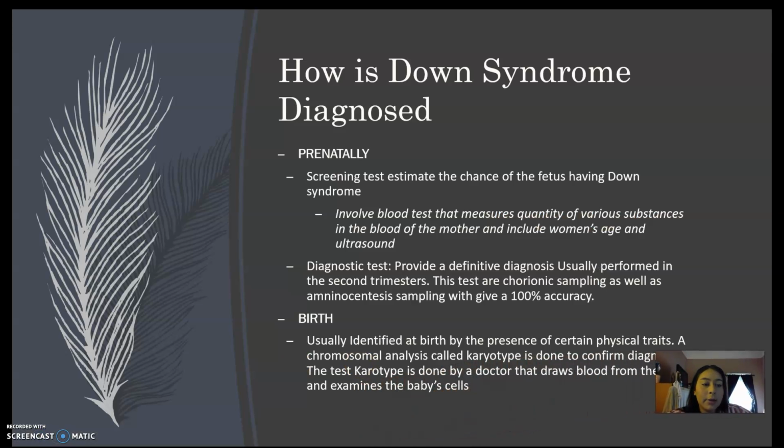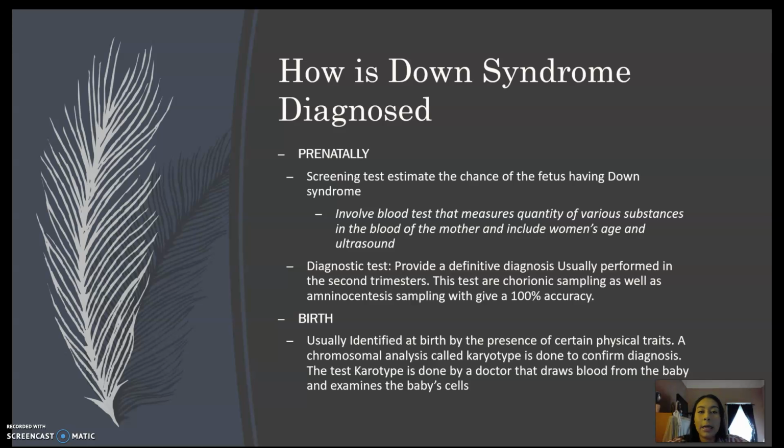So how is Down syndrome diagnosed? Down syndrome is diagnosed in two ways, prenatally or at birth. Prenatally, there are two kinds of tests. Screening tests estimate the chances of the fetus having Down syndrome, and involve blood tests that measure the quantity of various substances in the mother's blood, as well as taking the mother's age into account.